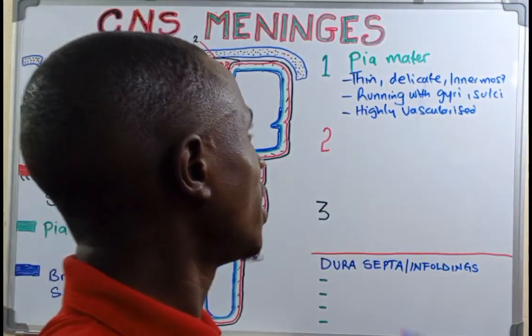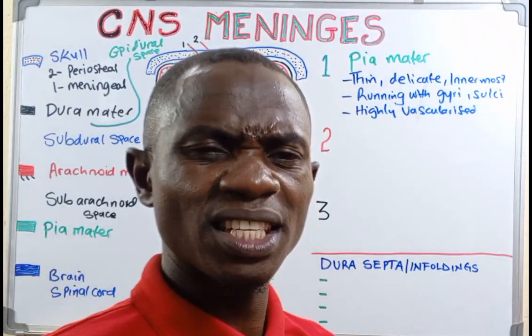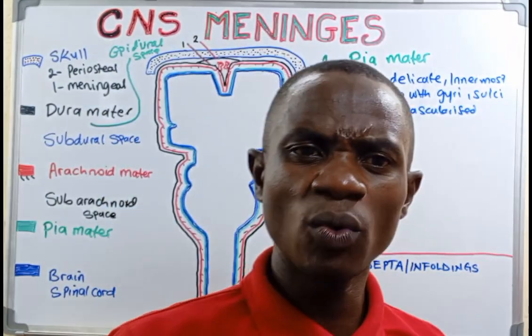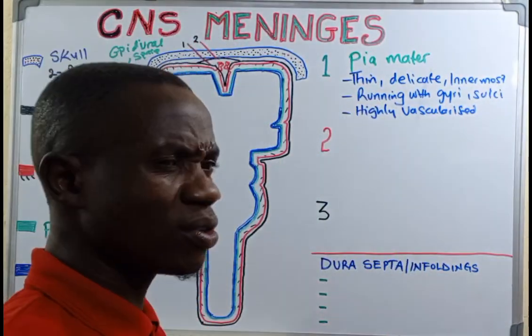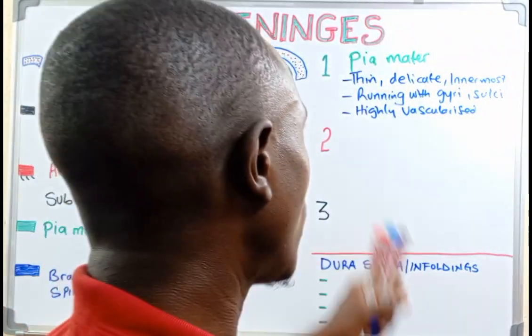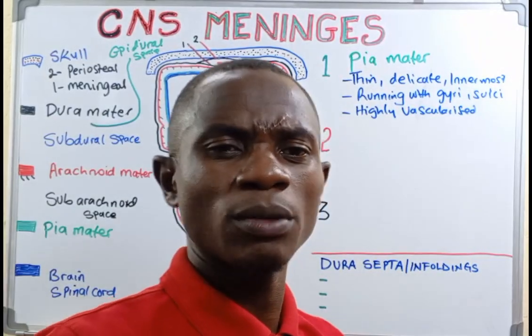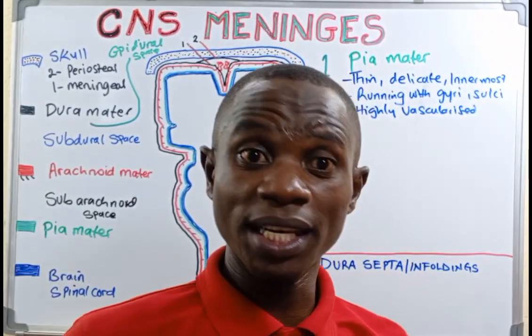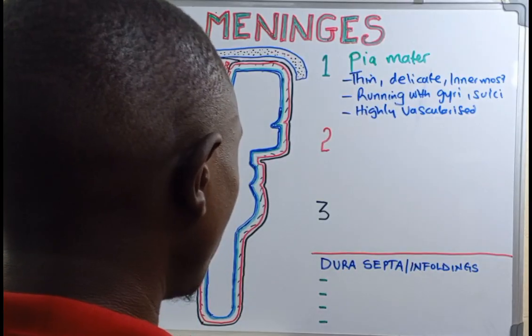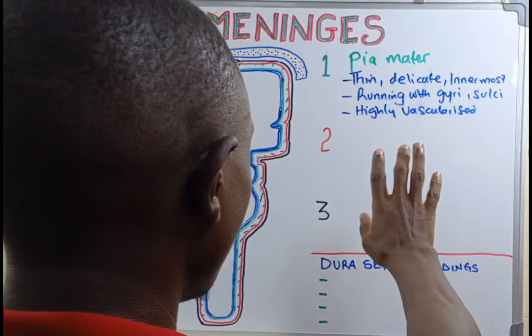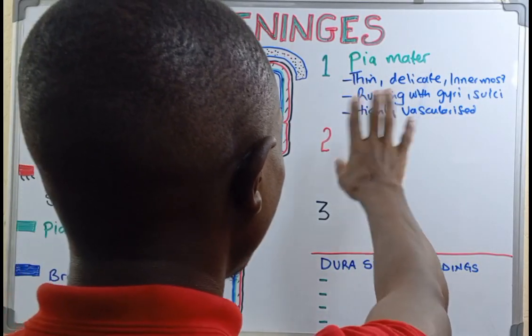Even also, the pia matter is involved in the formation of one of the tissues that secretes cerebrospinal fluid, which we call the choroid plexus. So this pia matter aids in the formation of the choroid plexus when it makes what we call the tela choroidea. Okay, so that is the little important information about the pia matter.